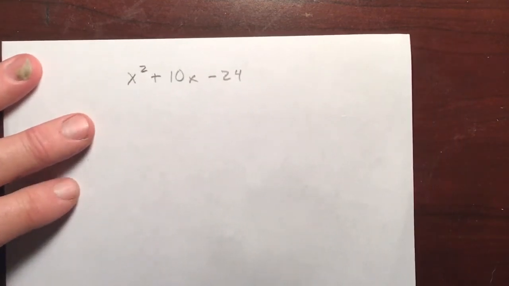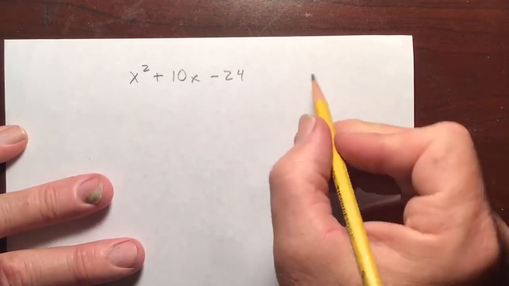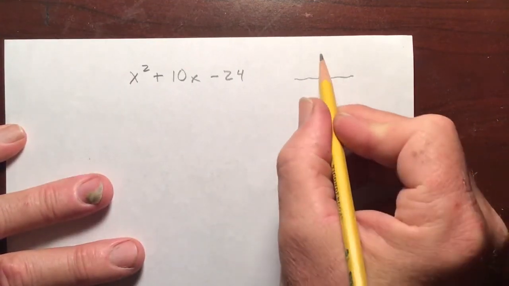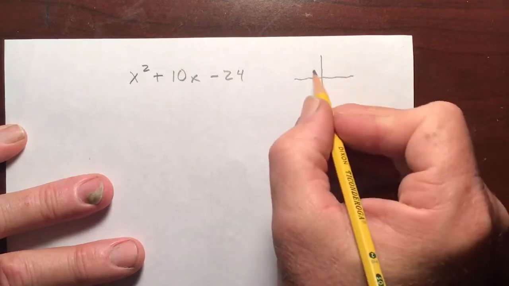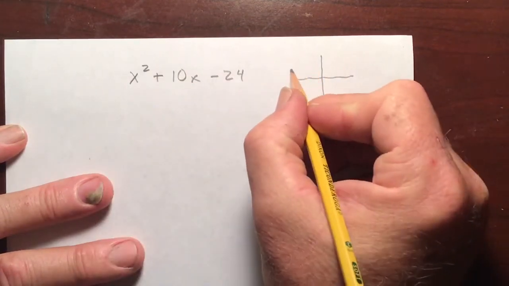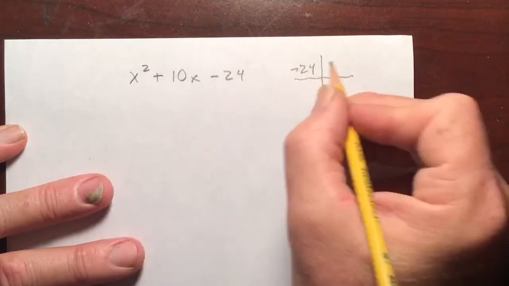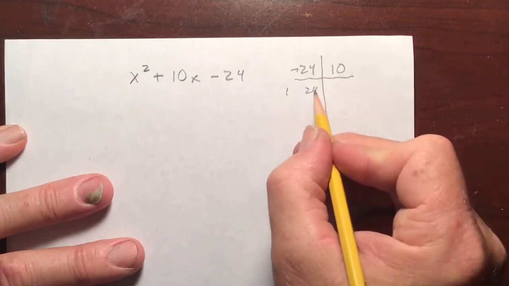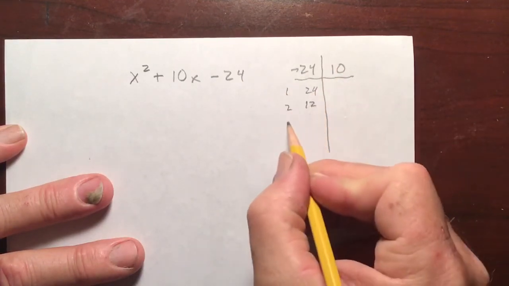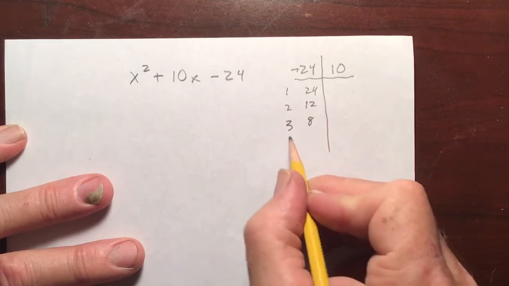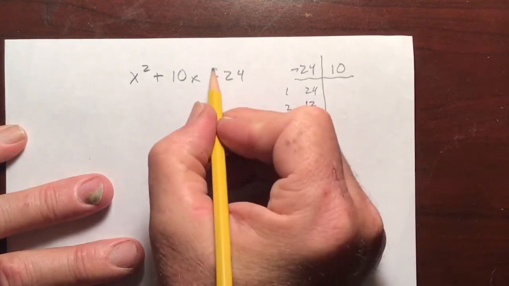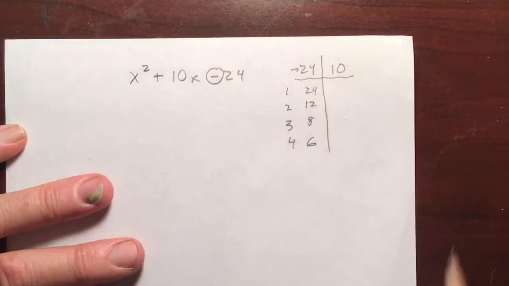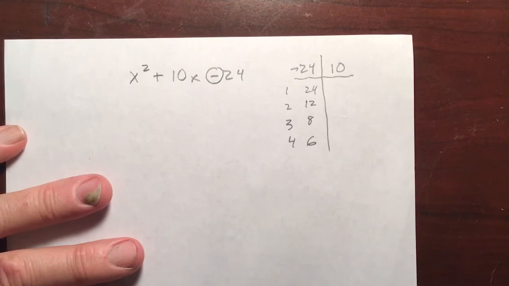Same thing as before: make your little table, 1 times negative 24 is negative 24, plus 10. 1 and 24, 2 and 12, 3 and 8, 4 and 6. But now this third term is negative. That tells me the signs of the pair I'm looking for are different. One's positive, one's negative.